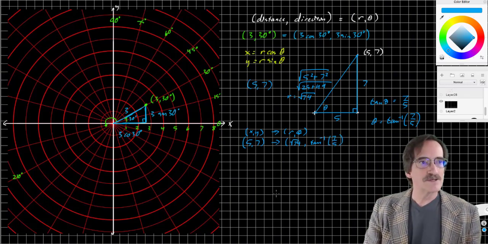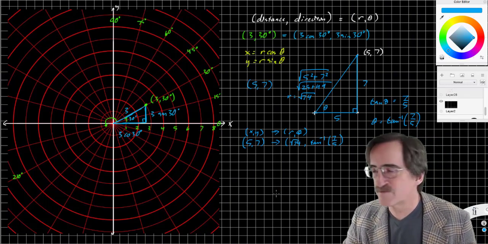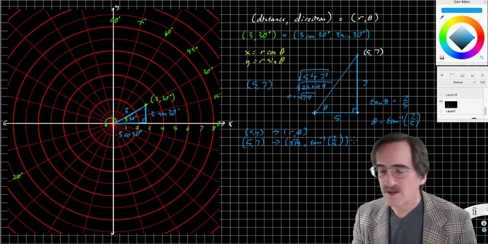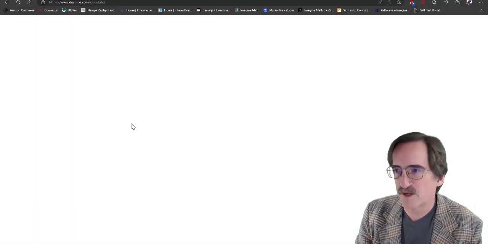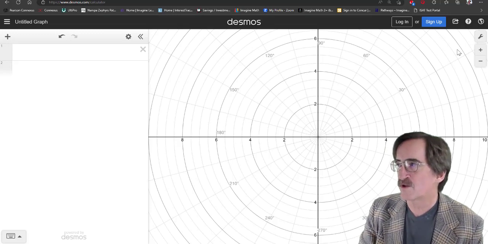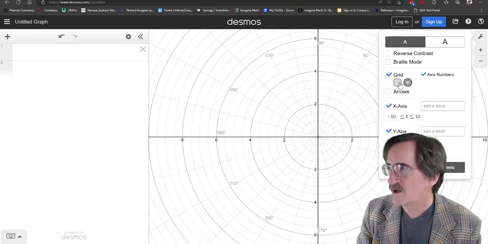Okay. Now I do want to spend a little bit of time showing this to you in Desmos as well. Desmos does have the ability to bring up polar coordinates. When you click on the wrench tool, it's one of the grid options here. You can go with rectangular or polar.